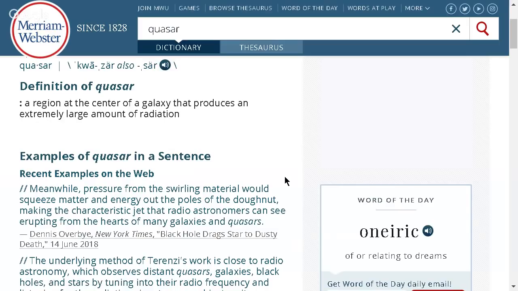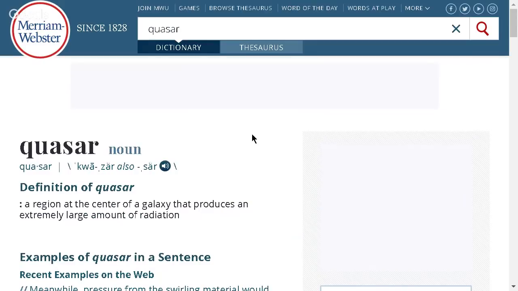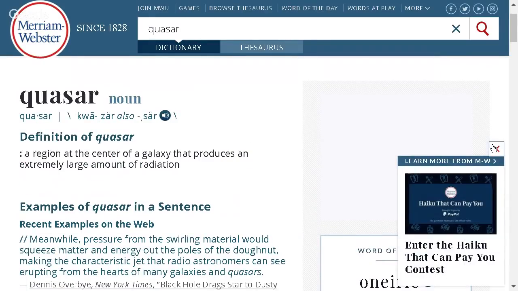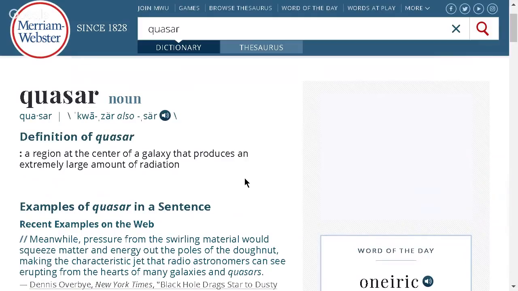Let's define a term. Quasar: a region at the center of a galaxy that produces an extremely large amount of radiation. Now, quasars challenge cosmology in that things like gravitational accretion and inertia do not appear to be running the show.